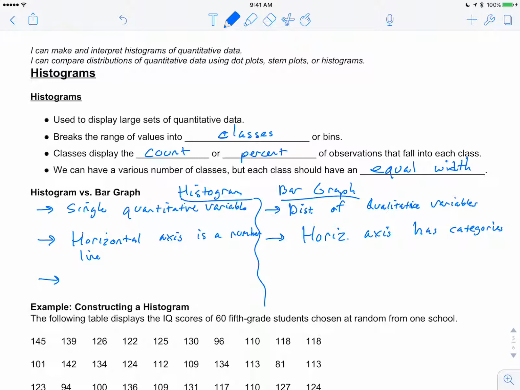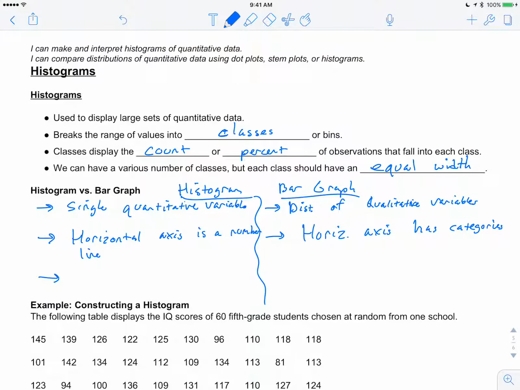Lastly, because the horizontal axis for a histogram is a number line, there are no spaces between bars. This is the number one way to figure out if you're looking at a histogram or bar graph. Do you have spaces between bars? If there are no spaces, that means you have a continuous number line. It's a histogram. If you have spaces, then you're looking at a bar graph.